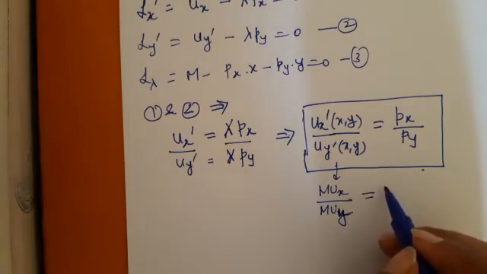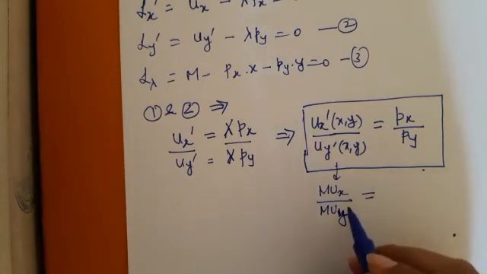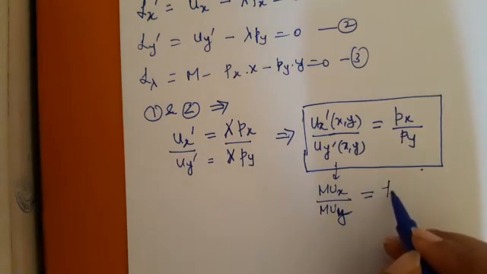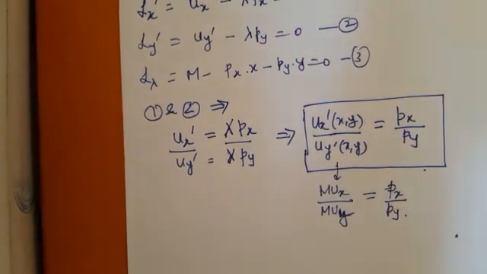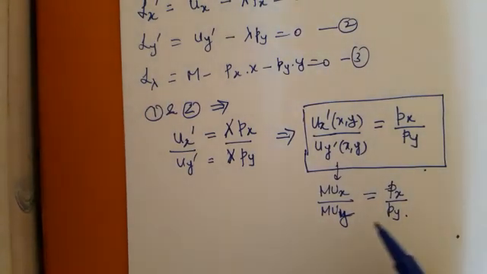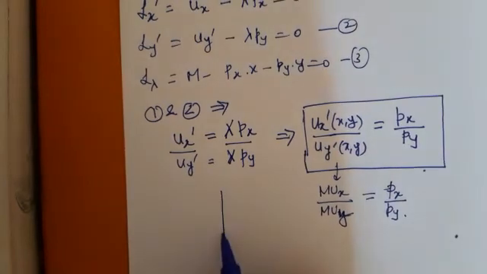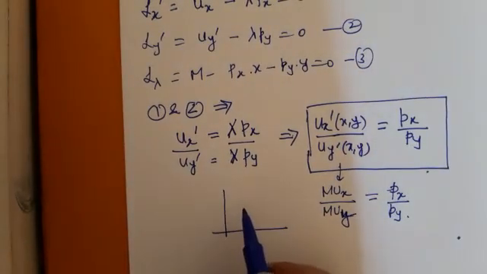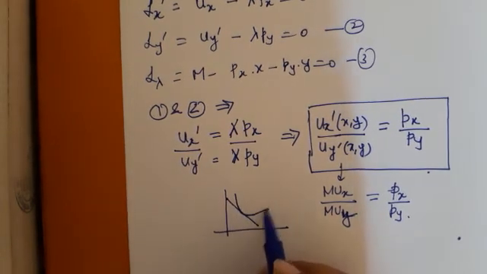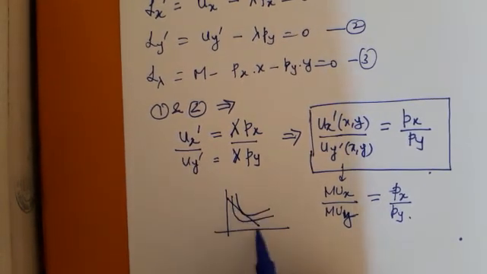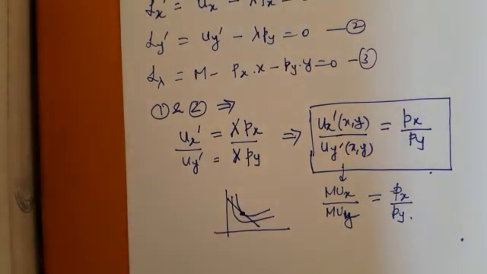And we are saying that in equilibrium, the slope of the indifference curve must be equal to the price ratio, right? So this is reflecting nothing but the tangency condition in equilibrium, where your budget line is going to be tangent to the highest possible indifference curve.